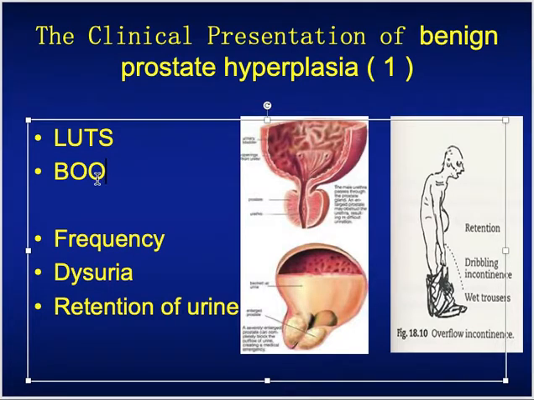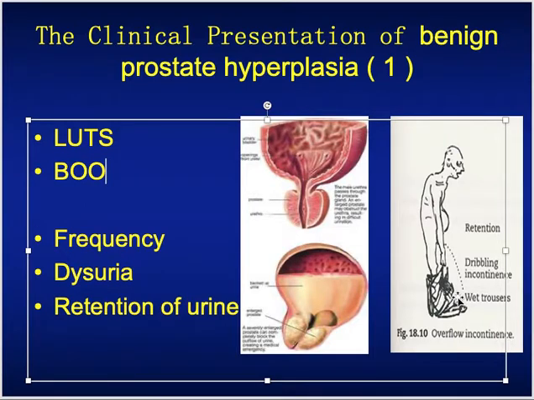You can see over here, normally when patients urinate, the stream of urine goes a lot further than in this patient, as they are showing. He has retention, he has dribbling incontinence, he wets his trousers.